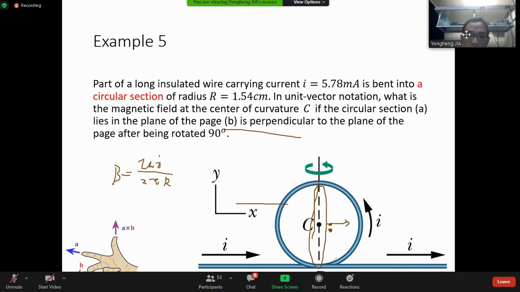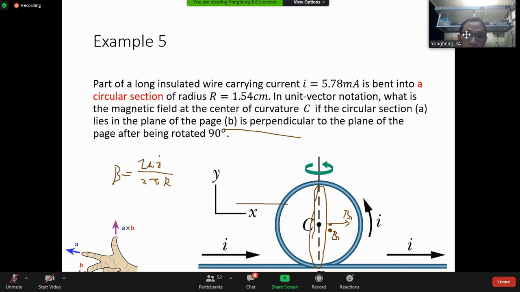And the magnetic field caused by the straight wire is still pointing out of the page. So now they are perpendicular to each other. So again, this is B1 and B2. Now they are not in the same direction, so you should add them as vectors.